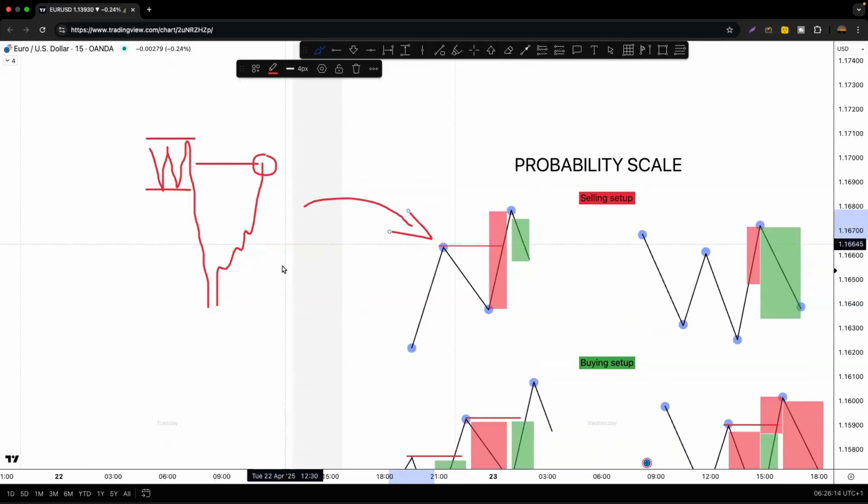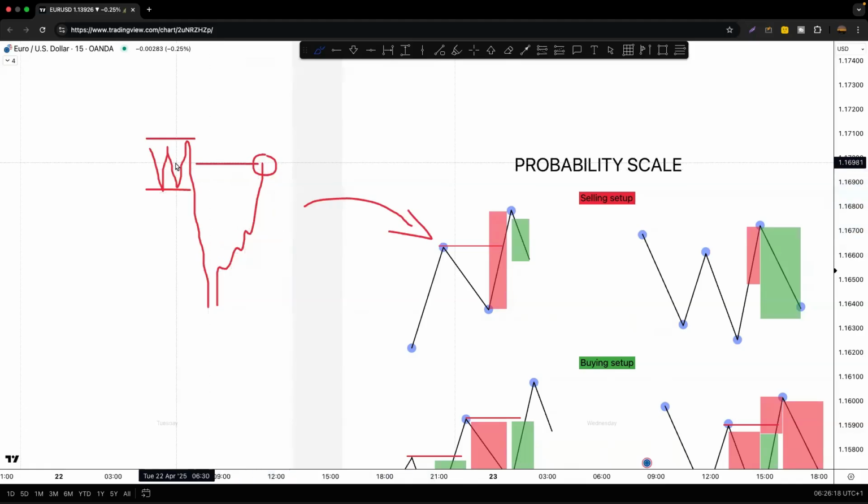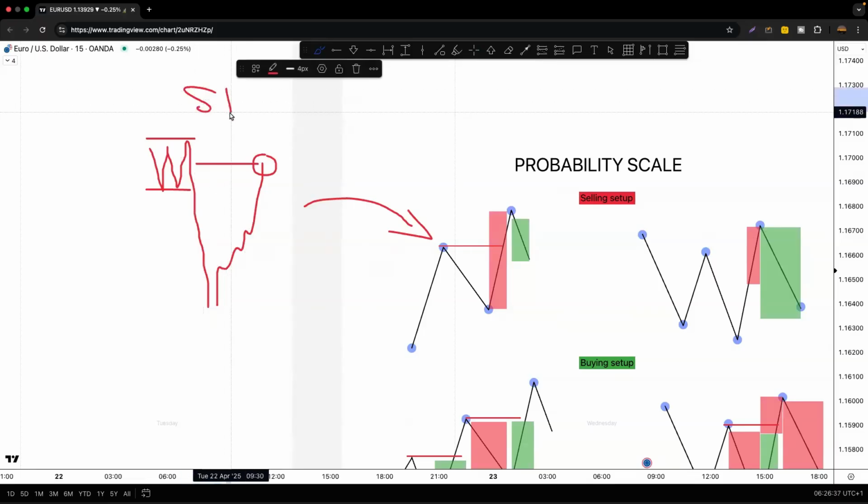This pattern already is high probability to react and see some sort of movement away from this previous sideways range. If you can identify this on the left-hand side of the charts, then on the right-hand side, if you're finding that you're getting taken out of trades quite a lot of the time, then you need this second step, which is identifying high probability locations on the lower time frame. So this is step number one. This is our higher time frame pattern that we're always looking for. This is the first part of your process.